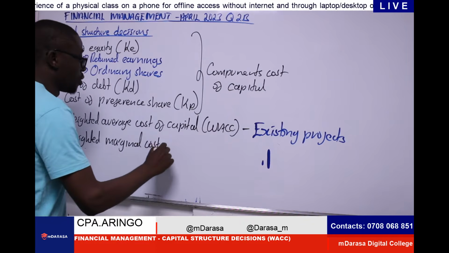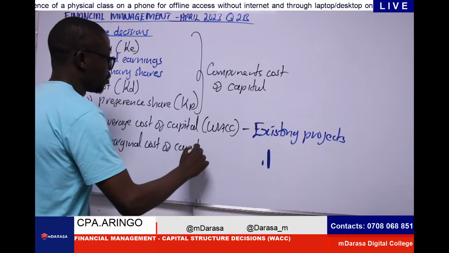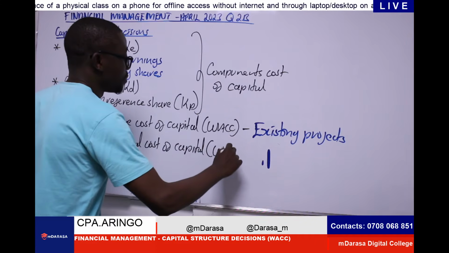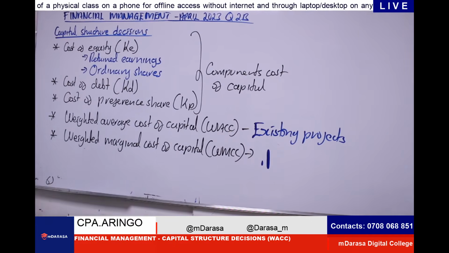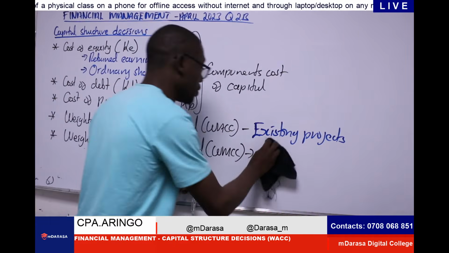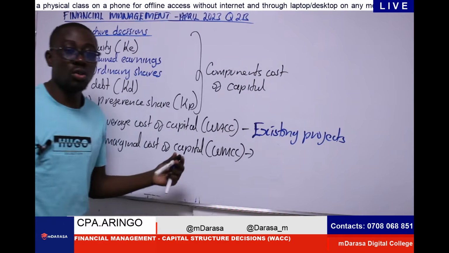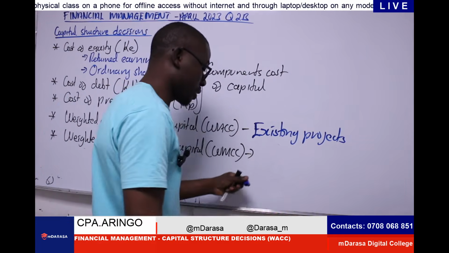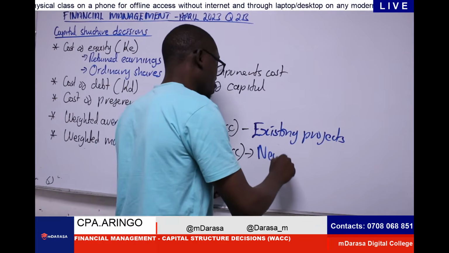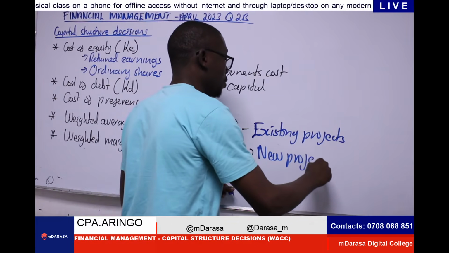So the concept of WMCC is a bit different from WACC, because under WMCC, we'll just be looking at the cost of raising new funds to finance what? New projects. See, at this point, we'll be talking about financing our new projects.